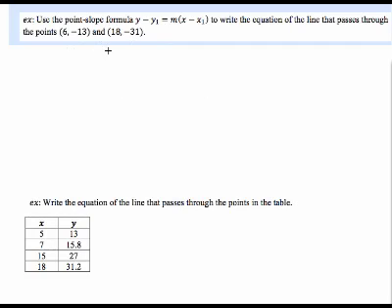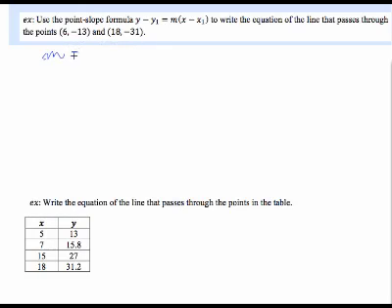Okay, so now that you know that it does work, hopefully you believe me, we're just going to jump straight to that one and use it because we don't know the y-intercept. But we can first compute the slope, and then we'll know the slope and 2 points.